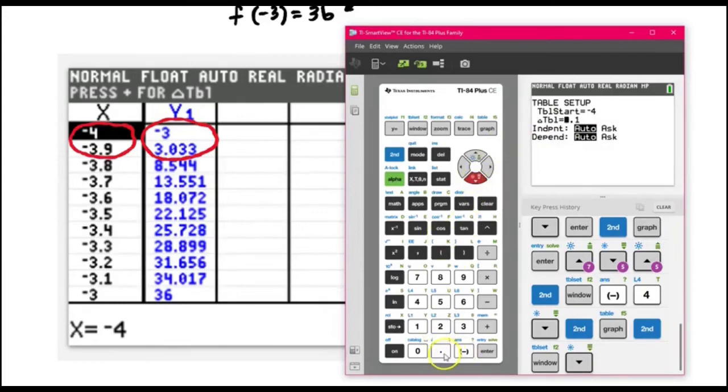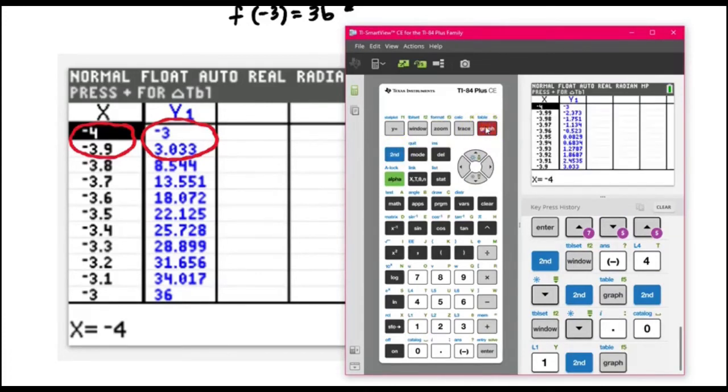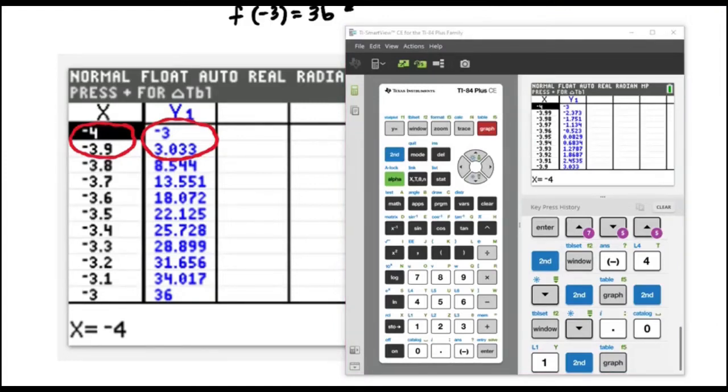So I'll make it 0.01, and let's take a look at the table now. So now my table is incrementing by 0.01. Let's get another screenshot of this so we can take a closer look.